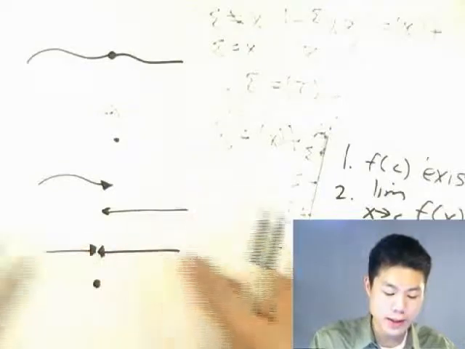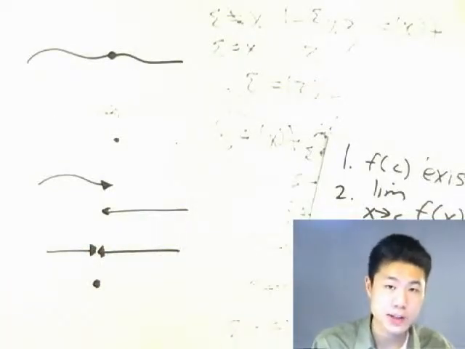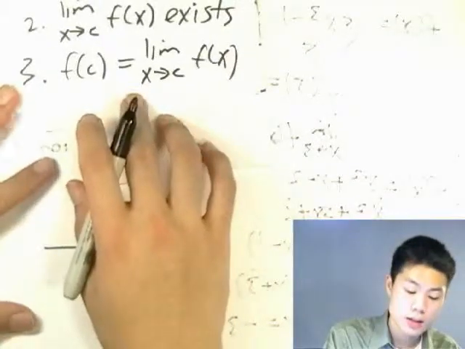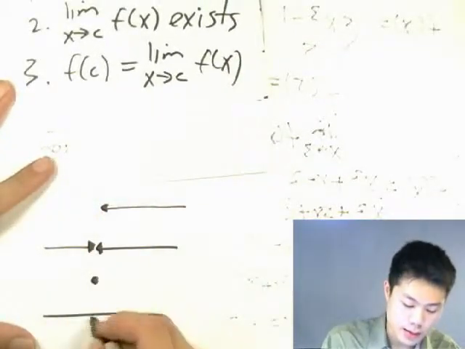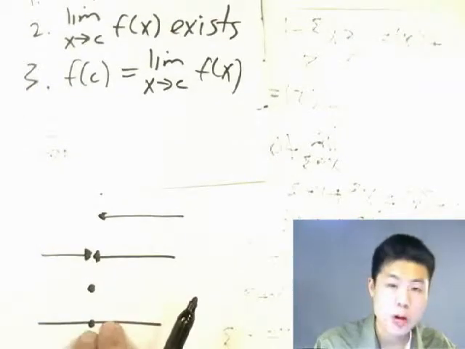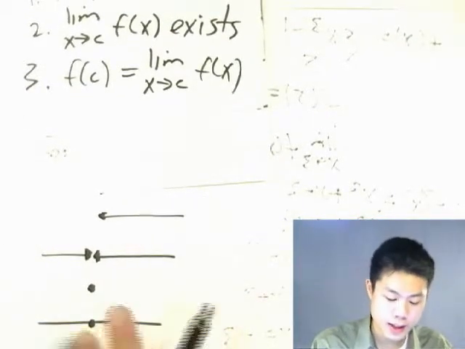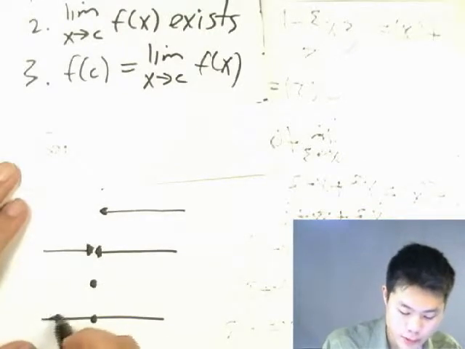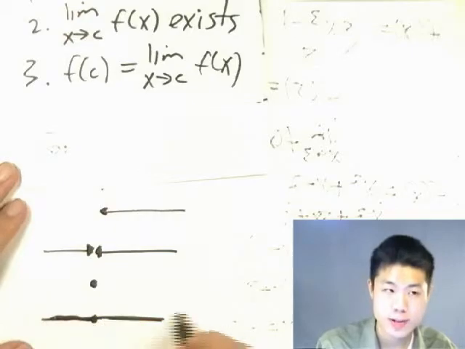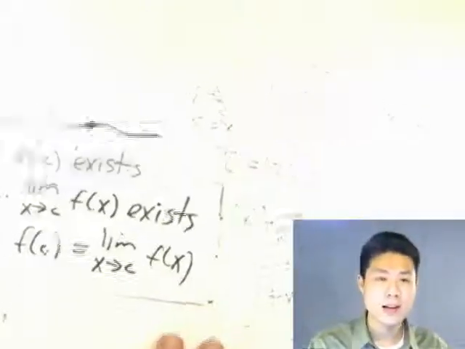Because the limit isn't approaching where the function actually is. So this condition helps us ensure that where the limit goes is where the function actually is. And in this case, we can be sure that we won't have to pick up our pencil when we draw it, because it's continuous.